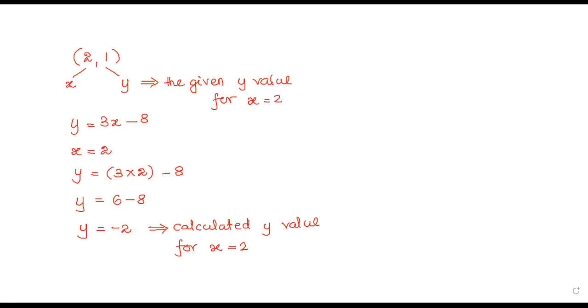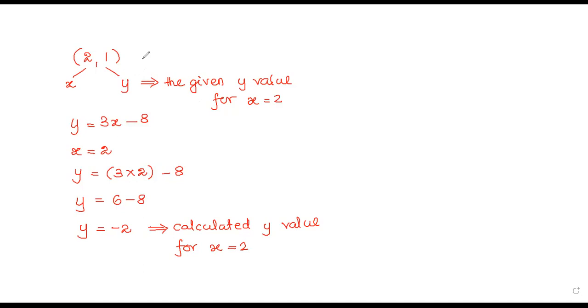The equation they have given is y = 3x - 8, and the point is (2, 1). According to the point coordinates, when the x value is 2, the y value is 1. What I did was take this x value and substitute it into the formula they have given, and I calculated the relevant y value for this x value.